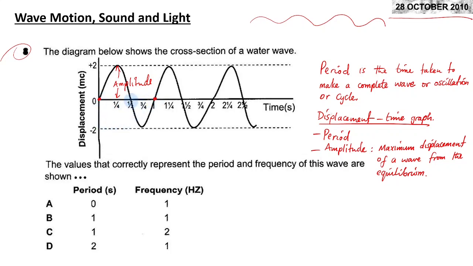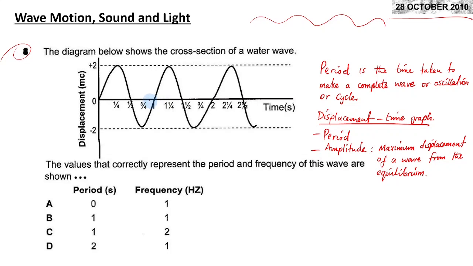So now the time taken to make this complete circle is what we call period. So in this case, the time that it should take to move from here to come to here, it's a complete circle.